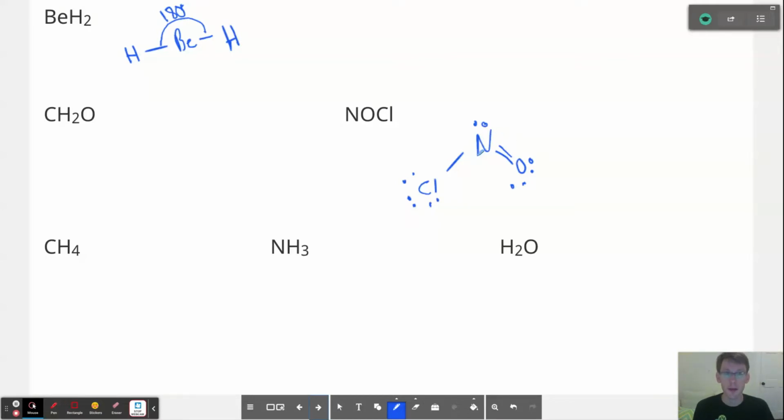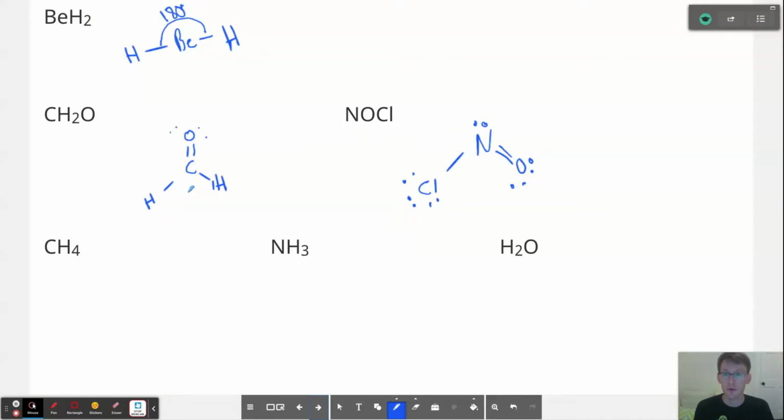So actually the bond angles here should be similar to the bond angles in CH2O that are around the carbon. I will point out that lone pairs cause a little bit more repulsion than bonding pairs.